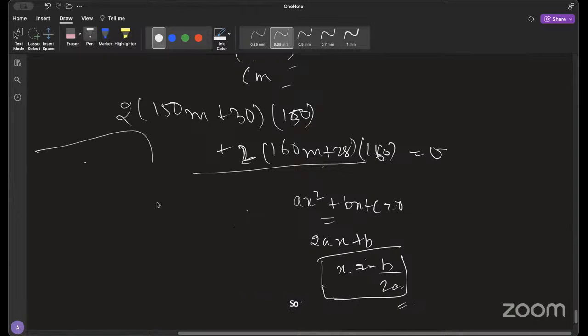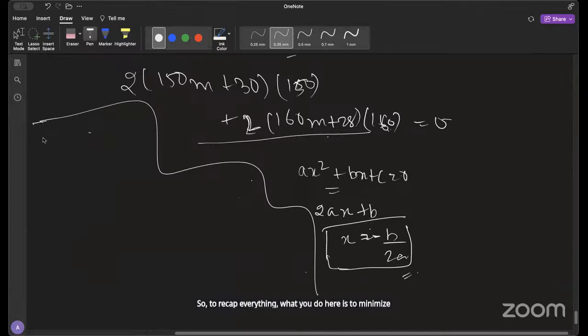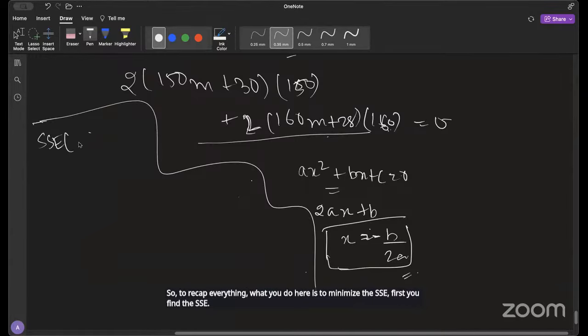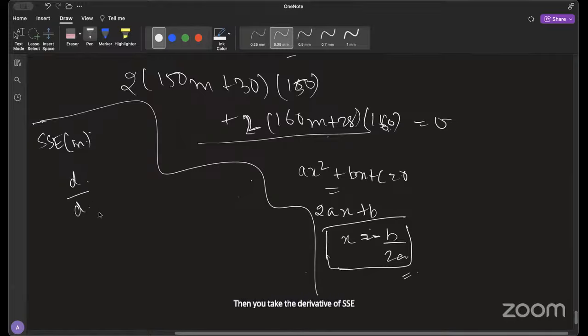So to recap everything, what you do here is to minimize the SSE. First, you find the SSE. Let's just say it is a function of x or m. Then you take the derivative of SSE with respect to this variable m, and you equate it to 0.